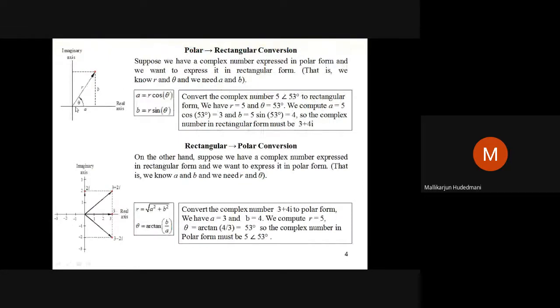So r cos theta is this magnitude, which is 3, and r sin theta is the vertical axis, 4. Now the quantity 5 angle 53 got converted to rectangular as 5 cos 53 as 3, and 5 sin 53 as 4i.